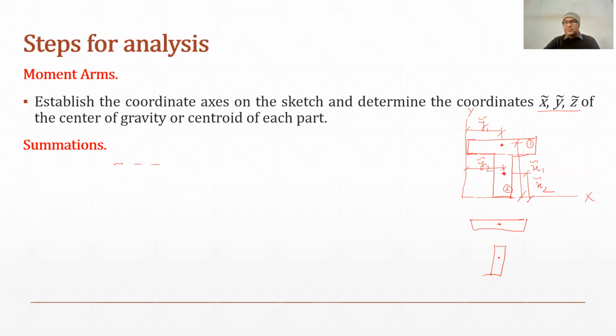In this case, for this T shape, the centroid of the whole T shape will be here. So we are supposed to find out the coordinate x bar. Similarly, the y bar, this one, yeah, this will become y bar. This we can find out using the same equation that we have used earlier, that is equation 5.